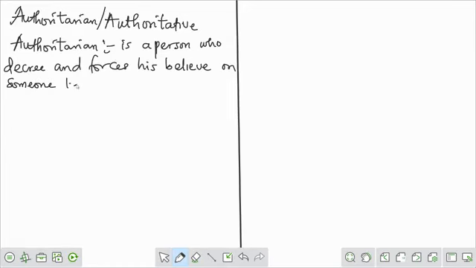That is a dictator. They are like a dictator. They dictate. So that's authoritarian.